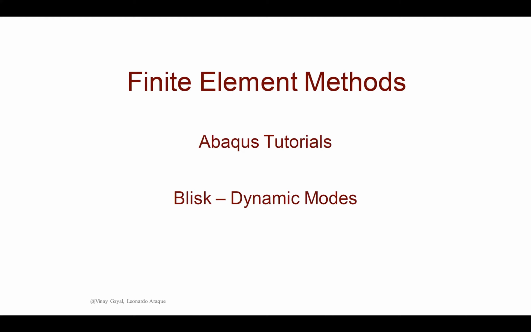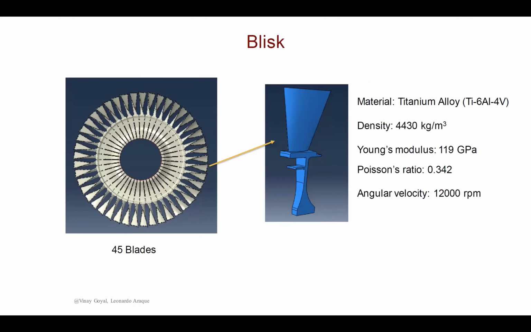I'm Leonardo Araque, a PhD student at UCLA, and I will guide you through this tutorial. The purpose of this tutorial is to model a blisk. This is a rotor disk composed of 45 plates with an angular velocity of 12,000 RPM.